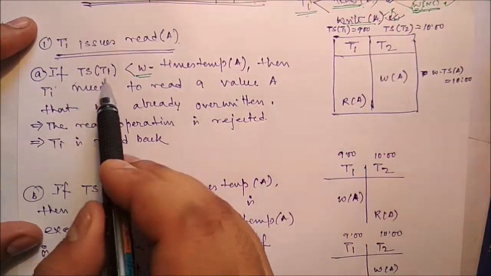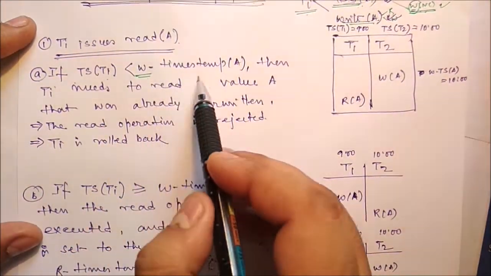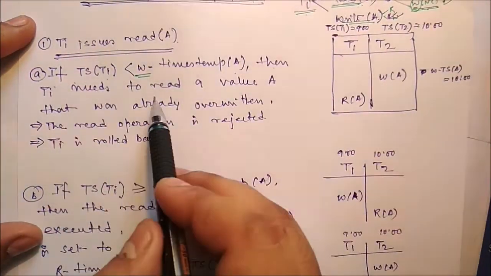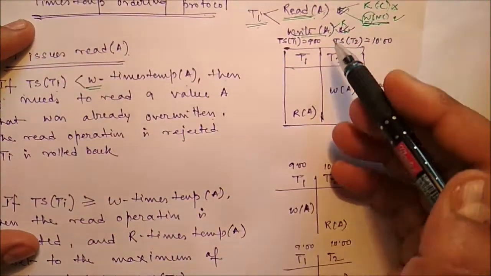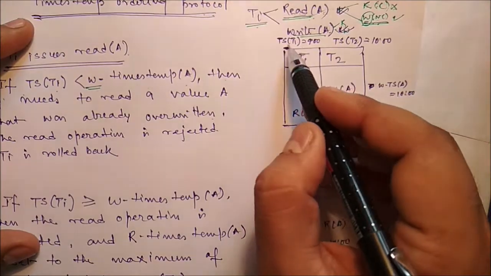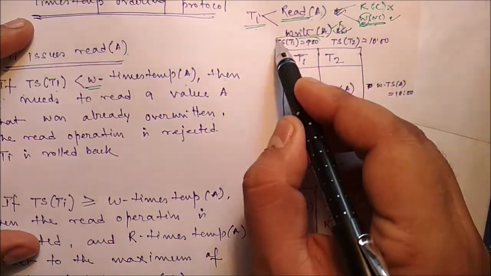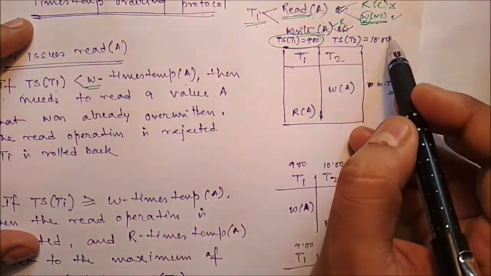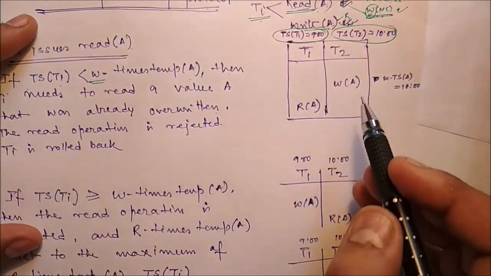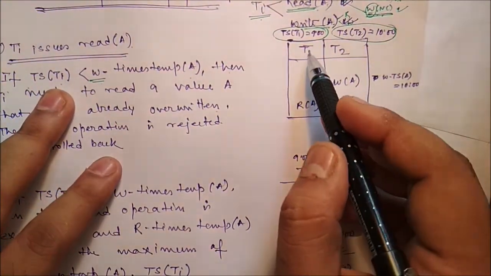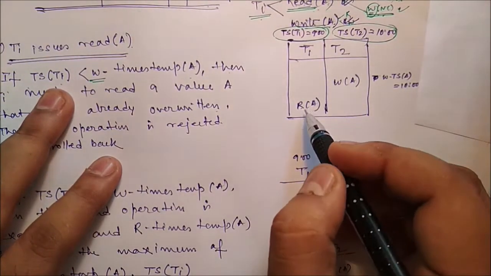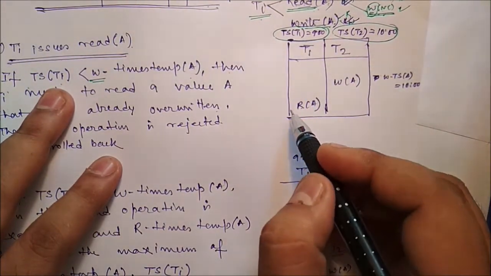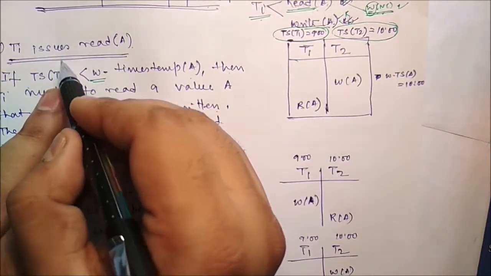Now if TSTI is less than W timestamp A, then Ti needs to read a value of A that was already overwritten. We can see here, what is TSTI? TSTI is 9 o'clock, and what is TST2? It is 10 o'clock. Now suppose T1 wants to read this particular variable A. So TSTI is 9.